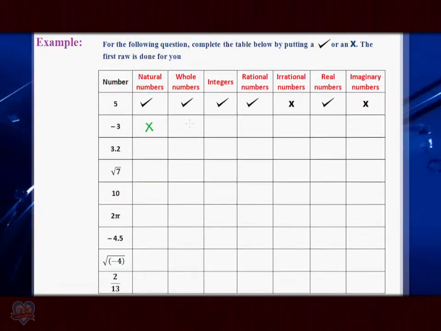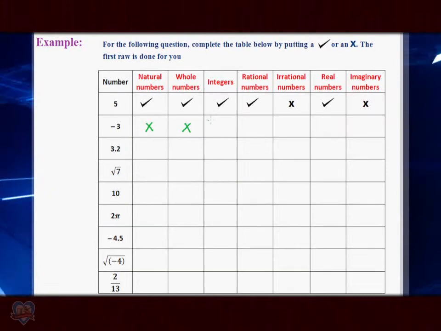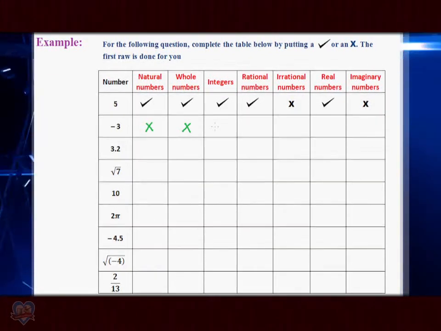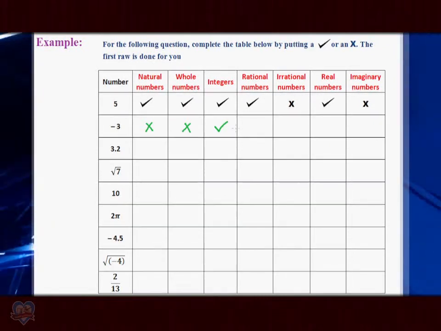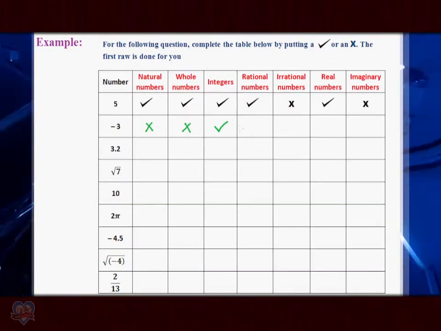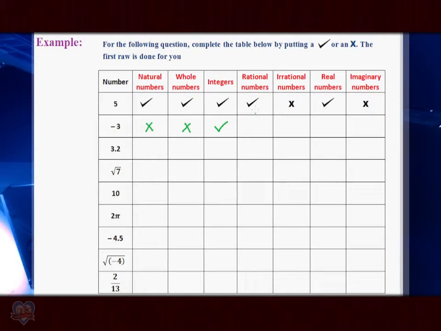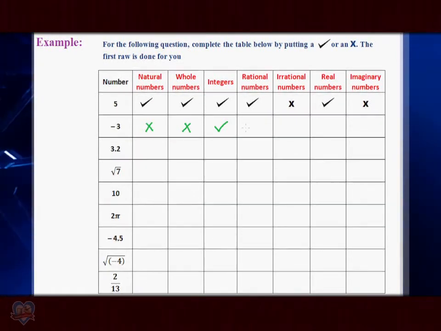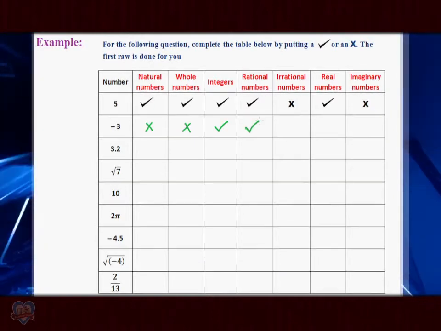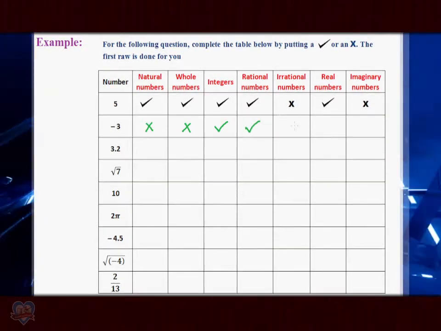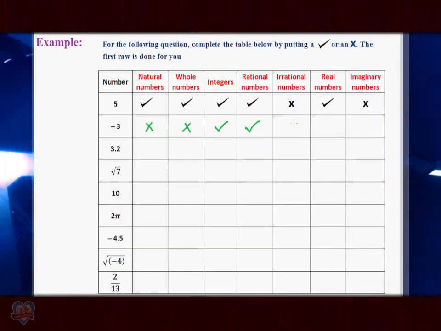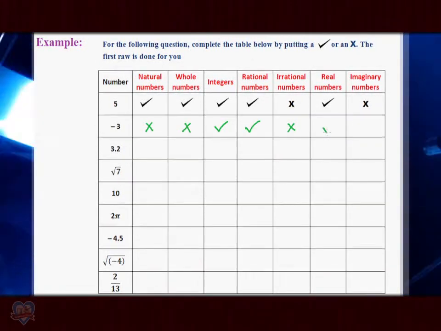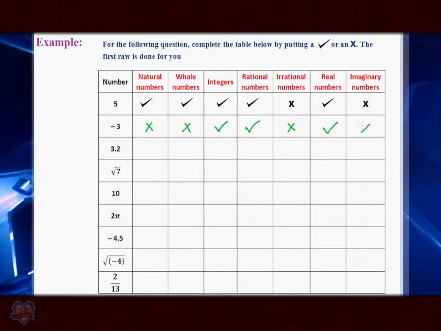So it is not a whole number, though it is an integer because integers are all numbers including positives and negatives. It is rational because it can be written as a fraction. So irrational is an X. It is real. It's not imaginary.